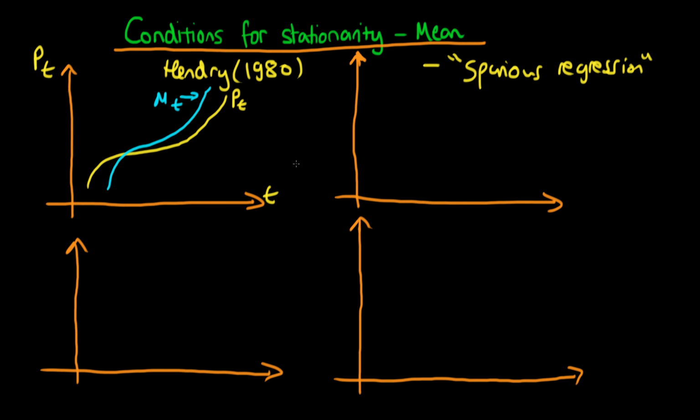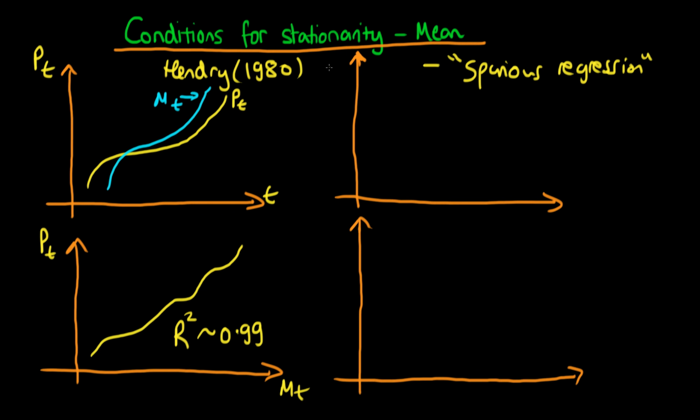Sure enough, when he looked at a correlation of these two variables, a graph of PT against MT, he found some sort of strong correlation between them. And when he ran the regression, he found an R squared of around 0.99. So it looks like you've got a pretty good fit there.